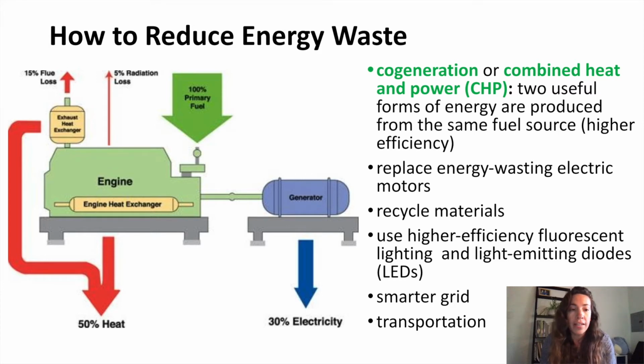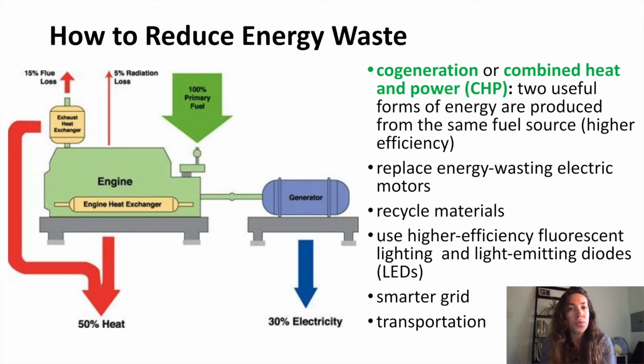So in this case, we have a primary fuel that comes in, maybe it's a biofuel, maybe it's a fossil fuel, whatever it is, and it goes into our engine. Our engine is going to use that fuel to, in some cases, generate electricity, but in some cases, generate heat. And we can make sure we absorb the excess heat that's coming off of the engine, or use the heat exchanger, to actually produce the heat that we need.